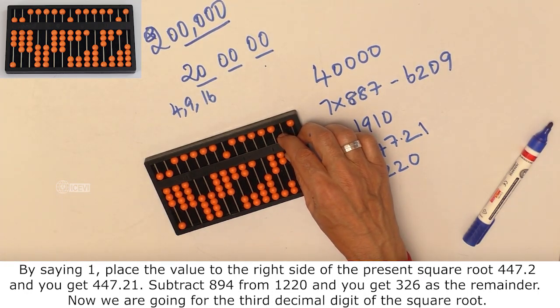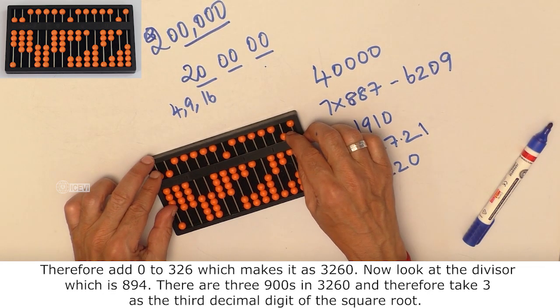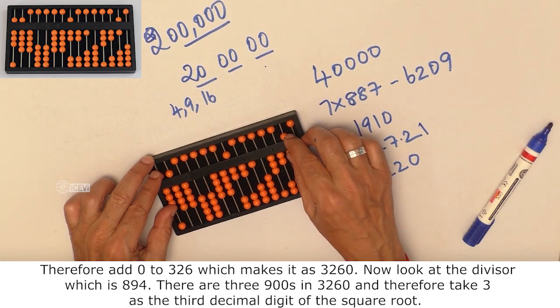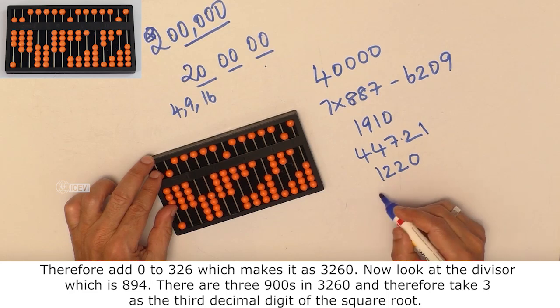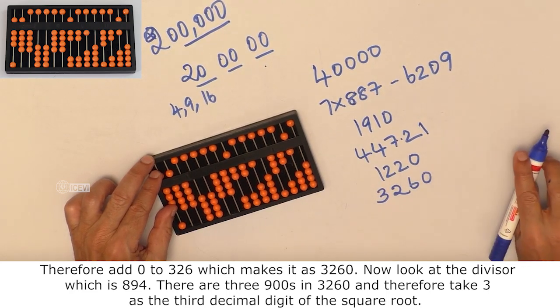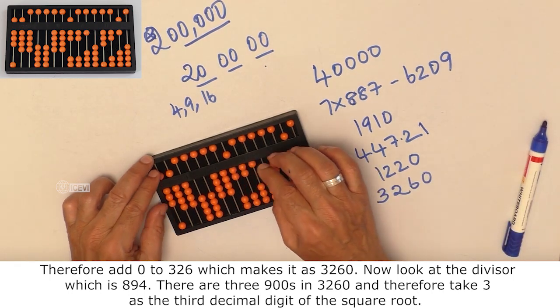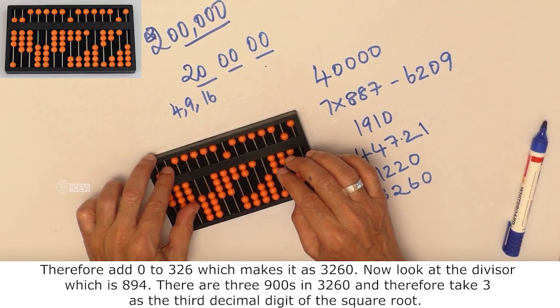Now we are going for the third decimal digit of the square root. Therefore, add 0 to the 326, which makes it 3260. Now look at the divisor, which is 894.